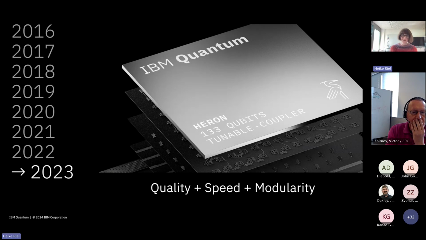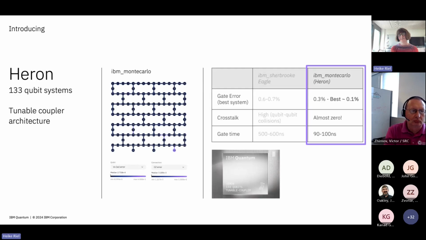This tunable coupler provides more quality, higher speed, and also helps with additional modularity. Because when you want to scale further above 1,000 qubits, you need to become modular. You can achieve this modularity by using different Herons, different quantum chips, in parallel. There are also different couplers which connect them.